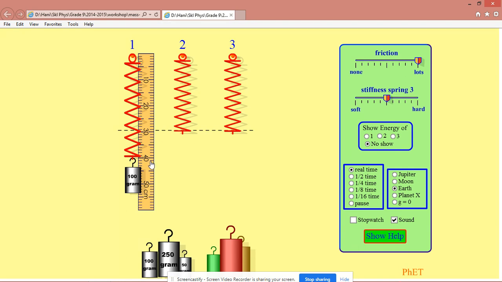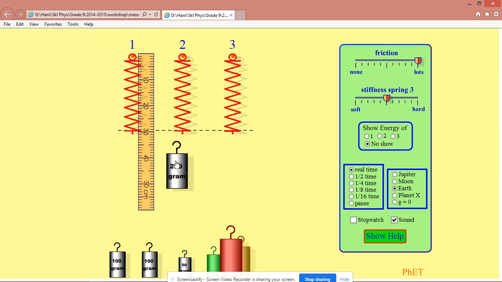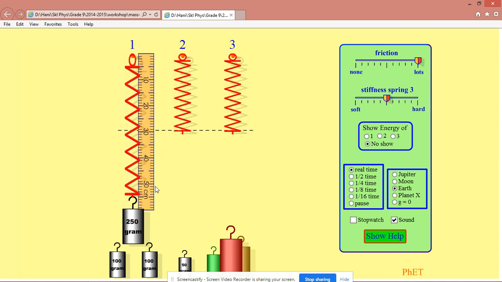To calculate the elongation of the spring, we'll just subtract 40 minus 30, which is 10 centimeters. Now we have the elongation delta L. Of course, when we add a heavier object, which is 250 grams, we'll notice that the spring will elongate more, and the new length is about 54 centimeters.